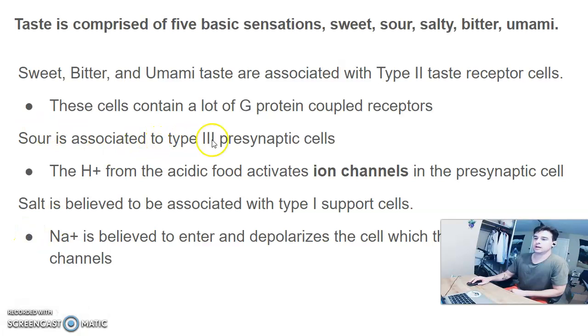Sour is associated with type 3 presynaptic cells. The protons from the acidic food activate ion channels, so this is less G protein and more ion channels in the presynaptic cells. And salt is also believed, though they're not entirely sure, to be associated with type 1 support cells, but this also activates channels.